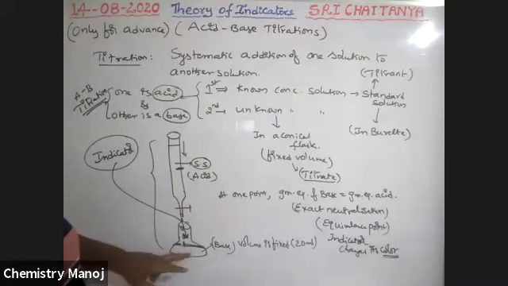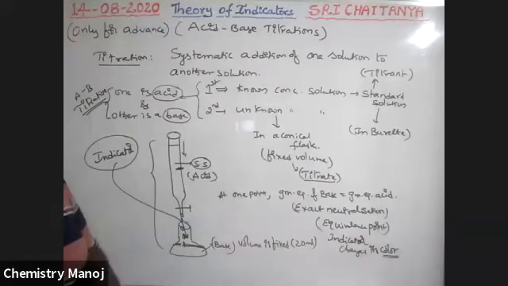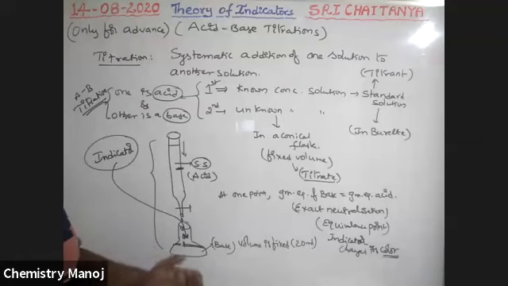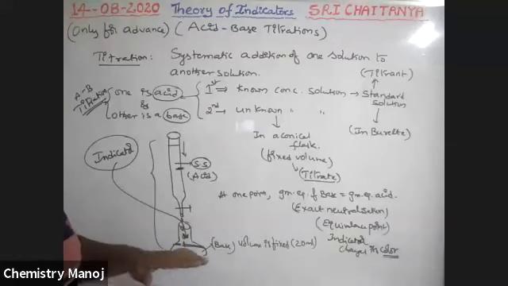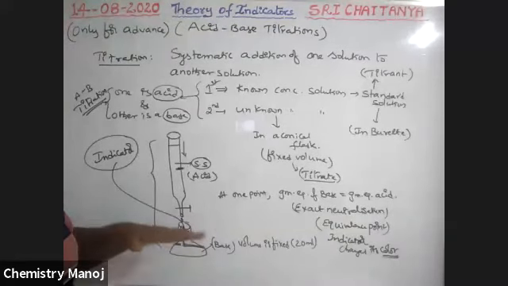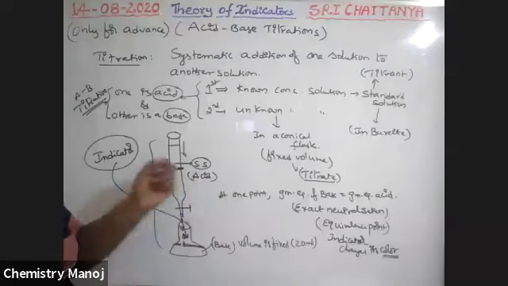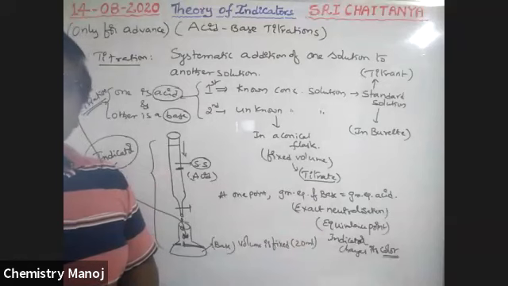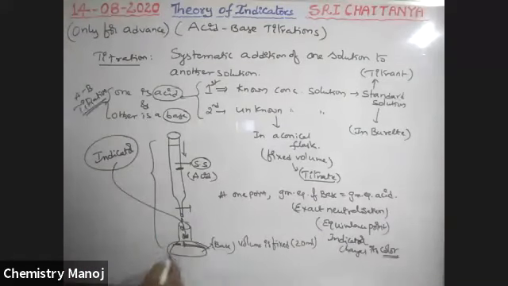Boys, at the beginning, in the basic medium, the indicator has one color. Slowly the acid is run down, and the acidic nature increases while the basic nature gradually decreases up to the equivalence point. If one drop of acid is additionally added after that equivalence point, no doubt the entire solution in the beaker becomes acidic.